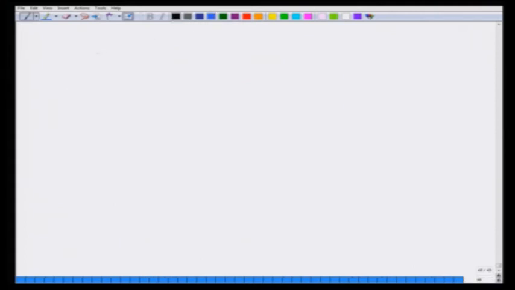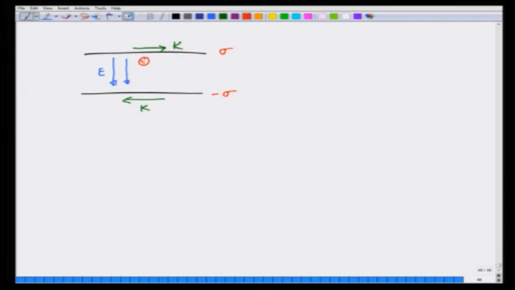So, what we are doing is we have these two sheets, which I am now showing by lines, with sigma and minus sigma. We have the electric field coming down, we have the surface current K going this way and K going this way, and we have the magnetic field going in all over.